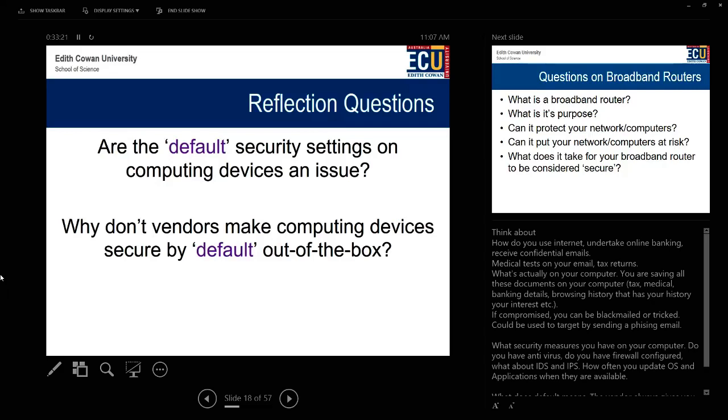But have you ever thought about why vendors don't make computing devices secure by default? Why don't they make those devices secure?